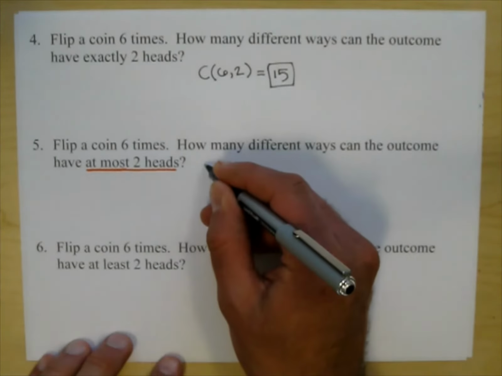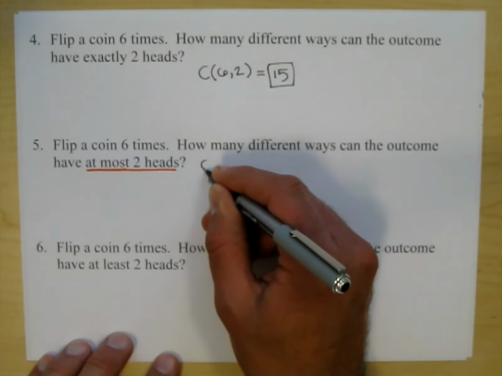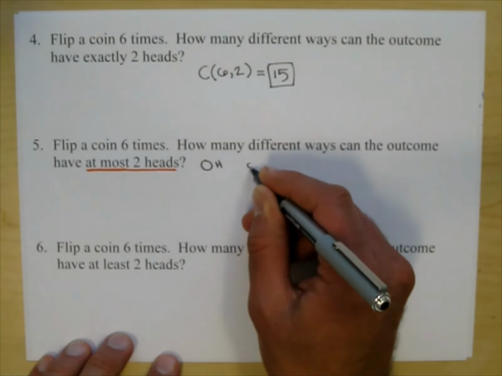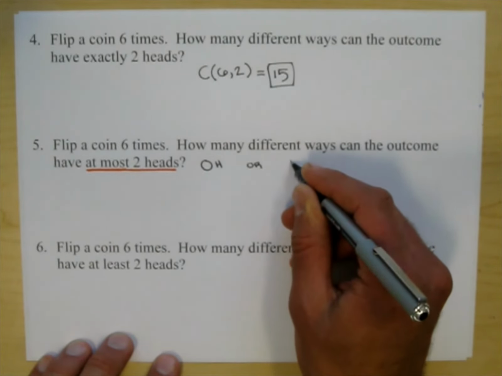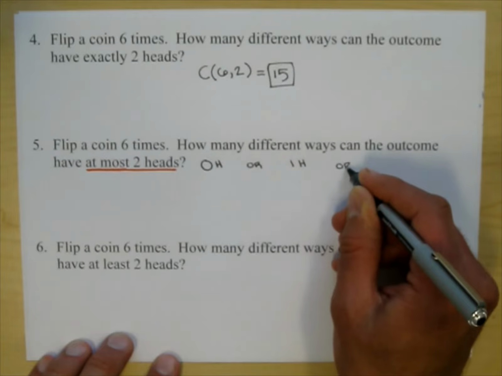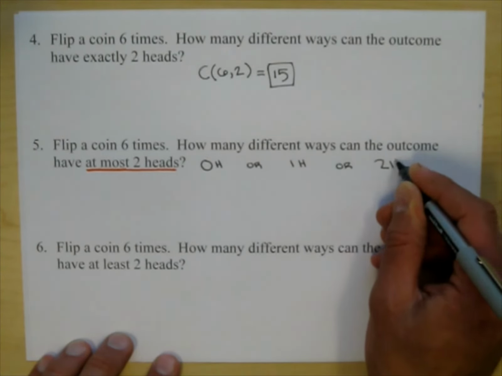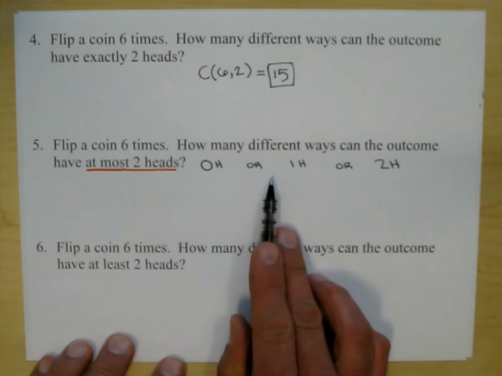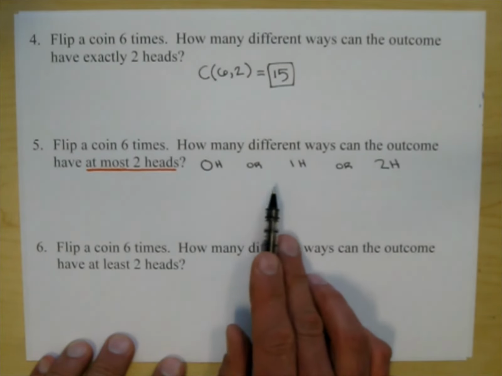So what it means is 0 heads, or 1 head, or 2 heads. So these become 3 different problems, which I'll add the answers together.